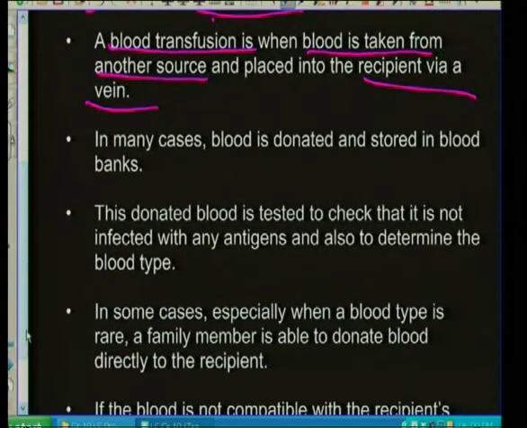In many cases, blood is donated on a regular basis by certain people, and the blood is stored in blood banks. You'll notice regular advertisements asking you to donate blood. People go to schools to ask learners above 15 years old and of a particular weight, and your blood will be tested and screened to see whether you are a suitable candidate to donate blood.